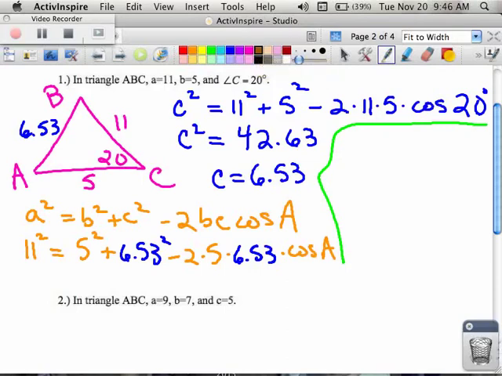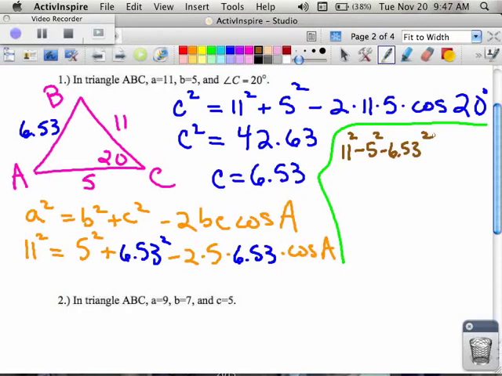What happens to it? It becomes negative. So I now have 11 squared minus 5 squared minus 6.53 squared. What's still in front of the cosine? Negative 2 times 5 times whatever.